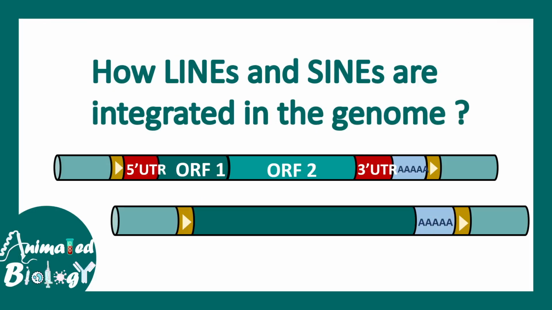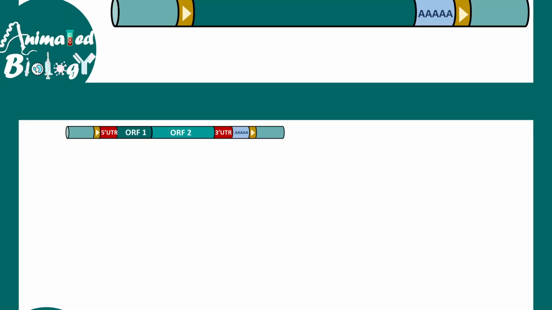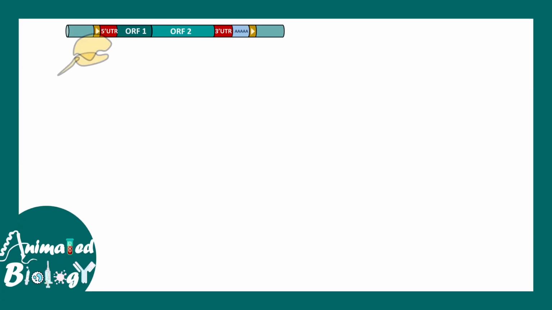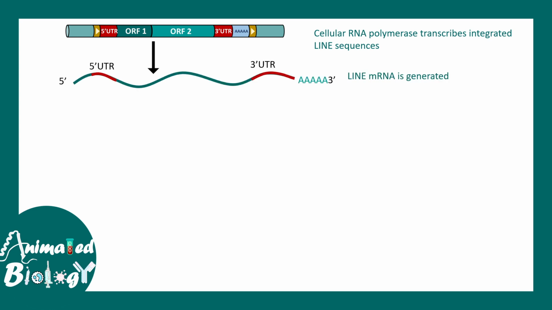Okay, so let's talk about how LINEs and SINEs, or in general, how a poly-A retrotransposon can be integrated into the genome. What is the mechanism? So here is a LINE. There is RNA polymerase that would transcribe the LINE because it has a promoter. RNA polymerase can bind. So this is the 5' UTR, 3' UTR, poly-A tail.